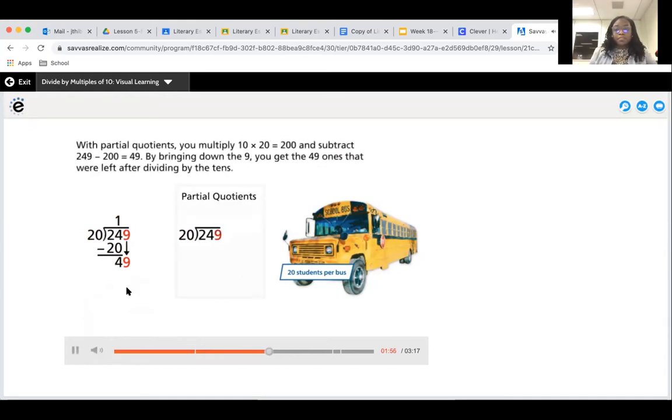With partial quotients, you multiply 10 times 20 equals 200 and subtract 249 minus 200 equals 49. By bringing down the 9, you get the 49 ones that were left after dividing by the tens.